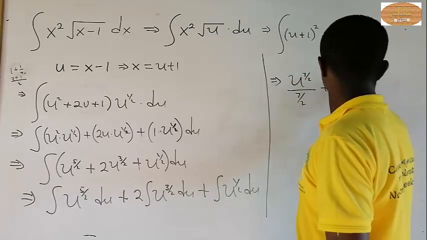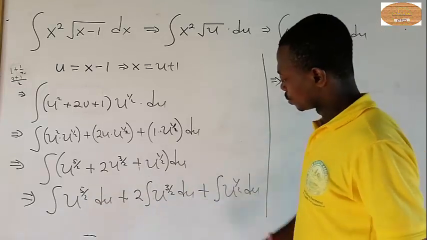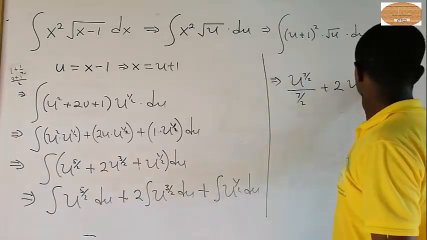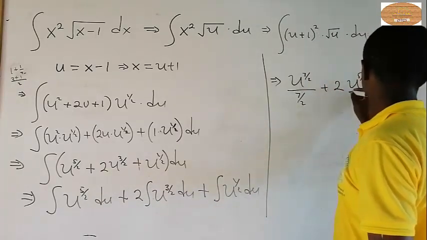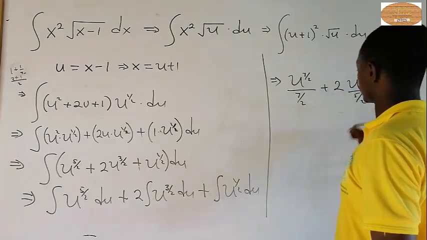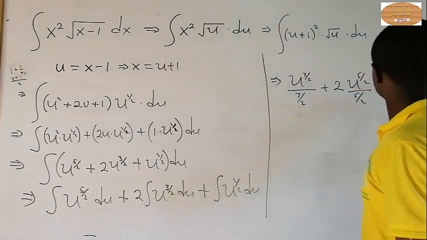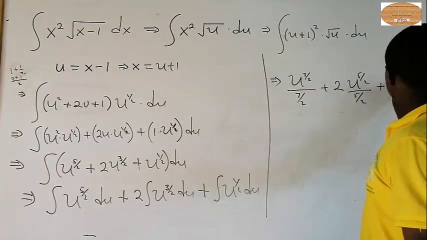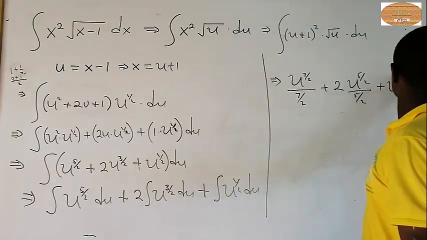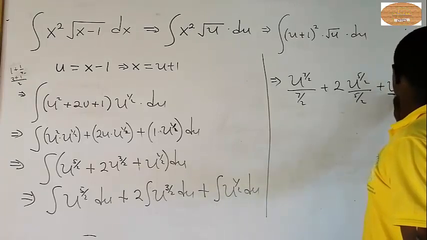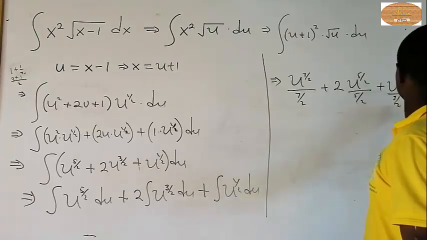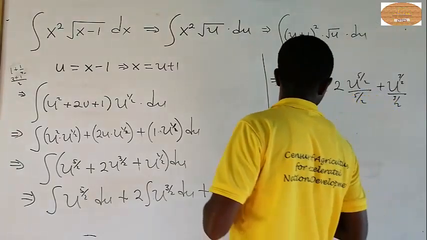Then 2 times u to the power 5 over 2 over 5 over 2. The last one is u to the power 3 over 2 over 3 over 2. So let's finish before we add our c.